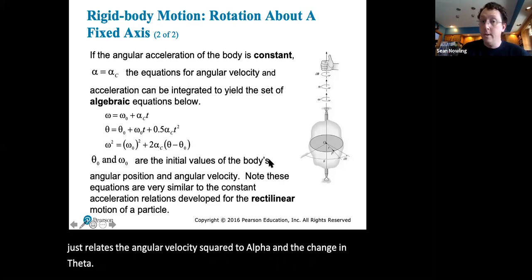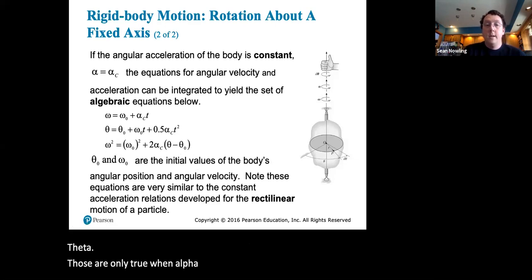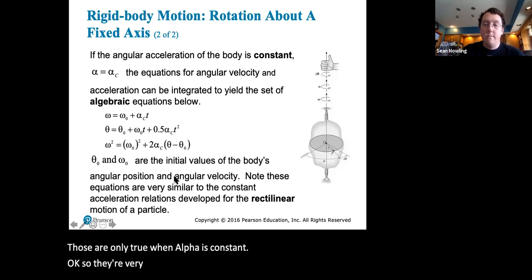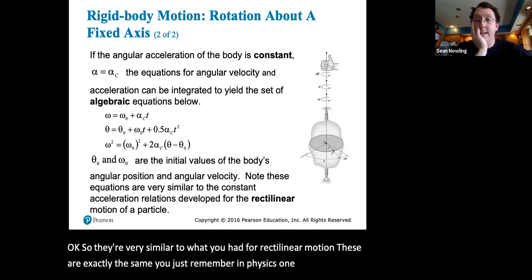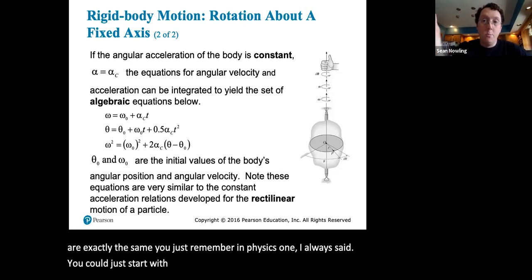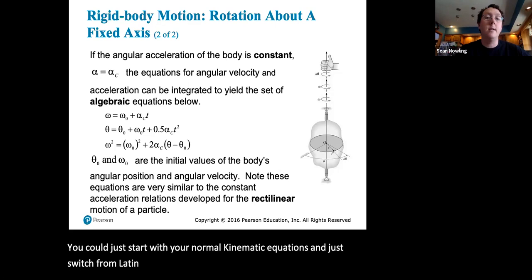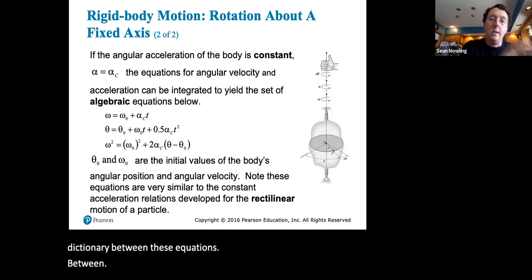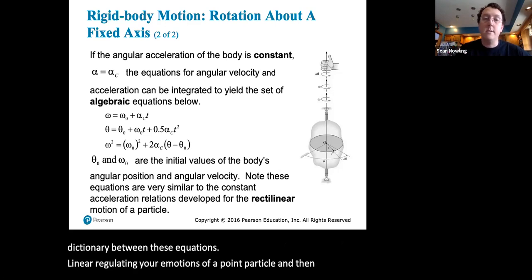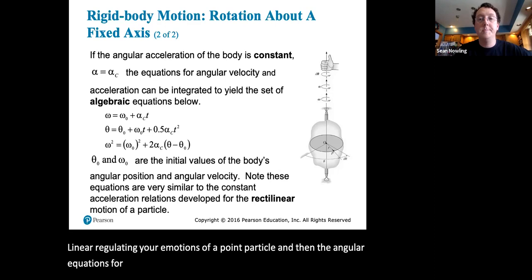Those are only true when alpha is constant. They're very similar to what you had for rectilinear motion. In physics 1, I always said you could start with your normal kinematic equations and switch from Latin to Greek letters, and there's a one-to-one dictionary between the equations for rectilinear motion of a point particle and the angular equations for rotational problems.